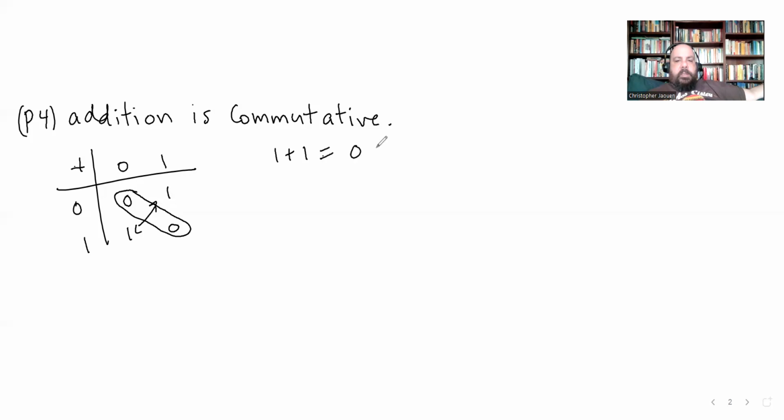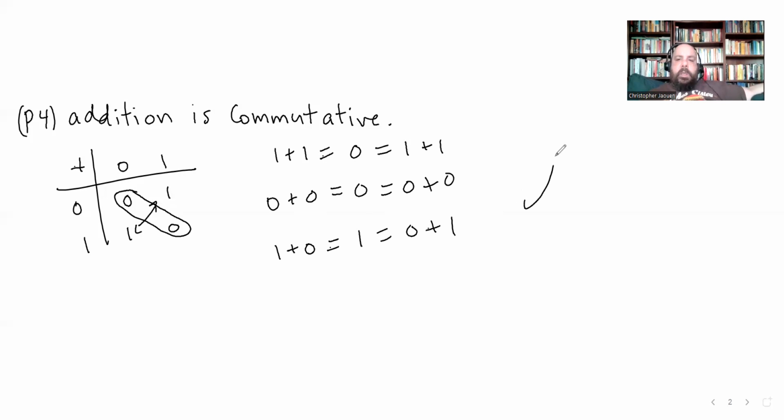This is the same thing as 1 plus 1. Same thing with 0 plus 0. 1 plus 0 is 1, which is the same thing as 0 plus 1. So commutativity checks out. Next is P5.